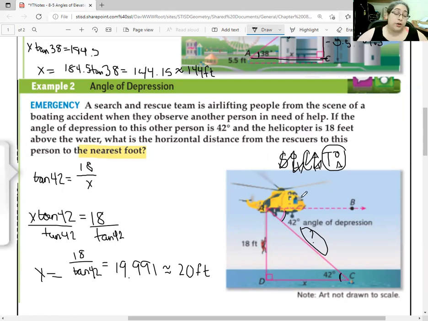Then use Sohcahtoa to help you remember which trigonometric ratio and function is the most helpful here. Write your function down as an equation, look at where your variable is, and solve for x.